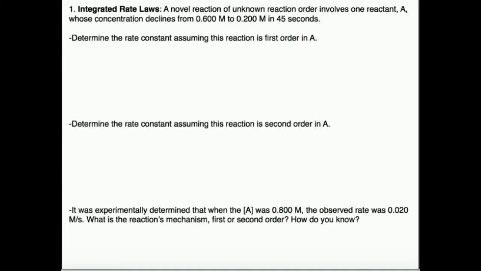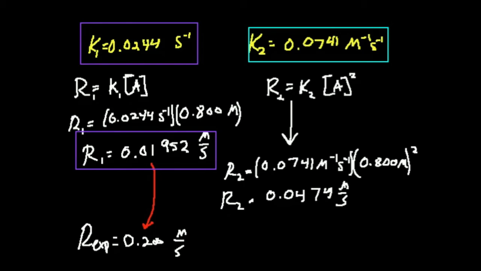And I would say, based on this data right here, this observed rate is really close to the theoretical rate for a first order reaction. So I would probably tend to say that the first order reaction fits this data. Okay? There's not a lot of error in this. I would say this is most likely first order. And given only this information, we would say it's a first order reaction.